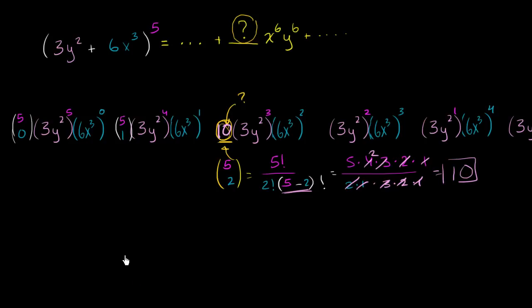Now another way we could have done it is using Pascal's triangle. This is the binomial. When I raise it to the second power, 1, 2, 1 are the coefficients. When I raise it to the third power, the coefficients are 1, 3, 3, 1. When I raise it to the fourth power, the coefficients are 1, 4, 6, 4, 1.